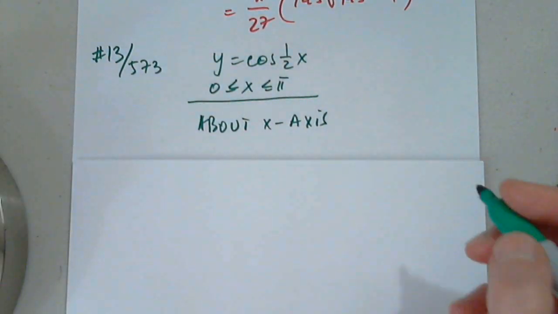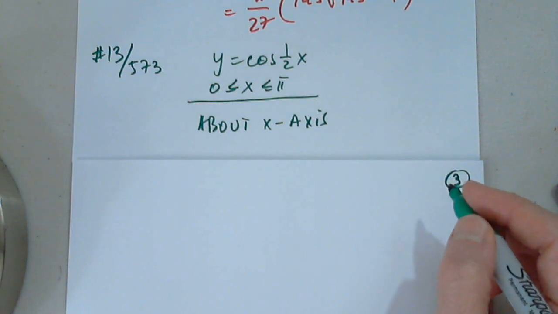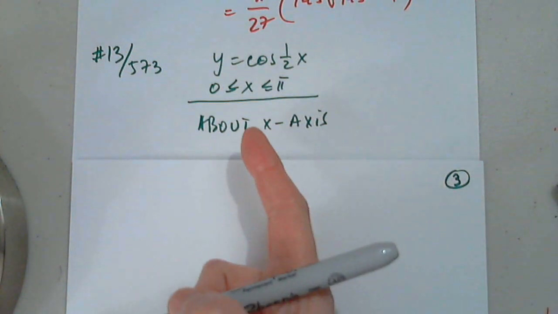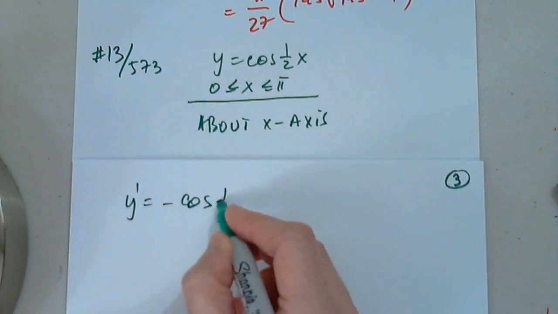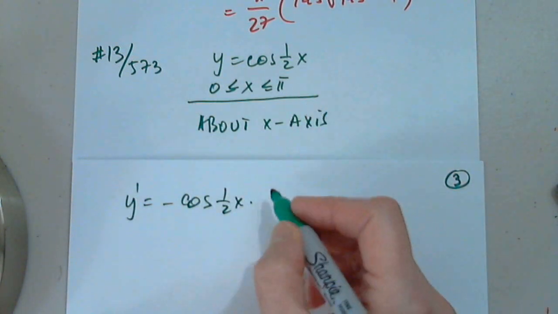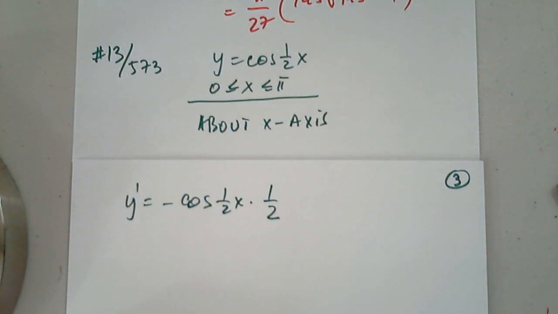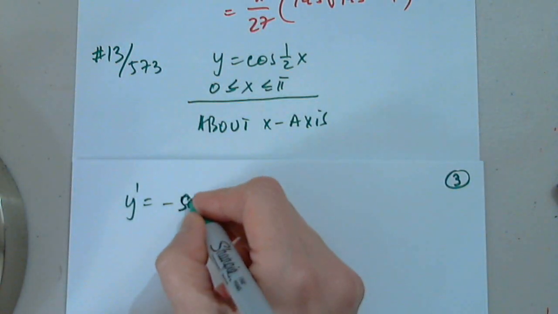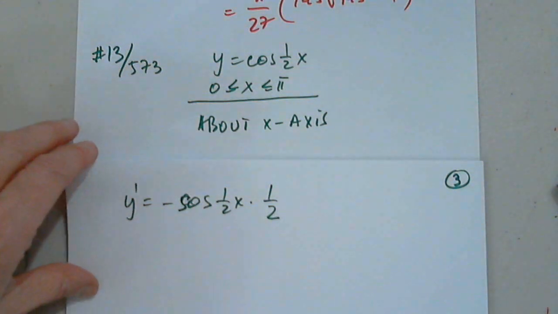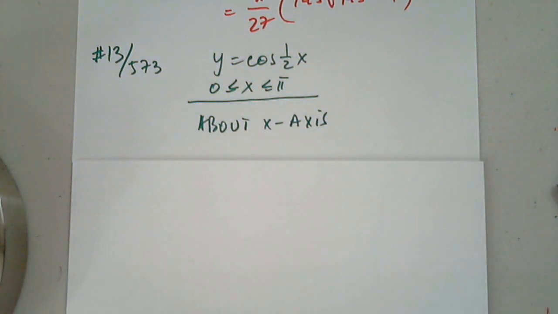Okay, that's my page 3. Good. So let's do some prep. y prime equals negative cosine 1/2 x times the inner function prime. Sorry, I meant to write negative sine. But if I just do this, it's easier.